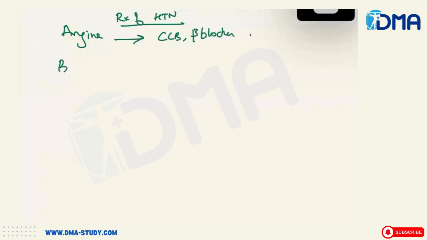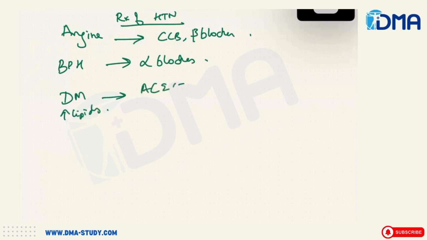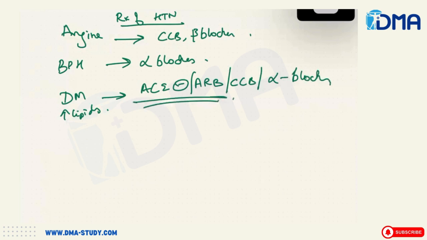If the patient has benign prostatic hypertrophy along with hypertension, you treat with alpha blockers. If the patient is diabetic with hyperlipidemia, you treat with ACE inhibitors, angiotensin receptor blockers, or calcium channel blockers and alpha blockers. But the initial choice would be ACE inhibitors and angiotensin receptor blockers.